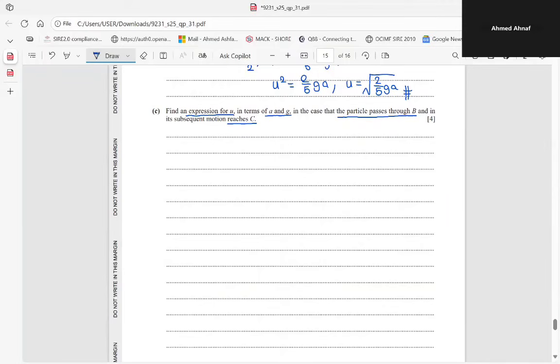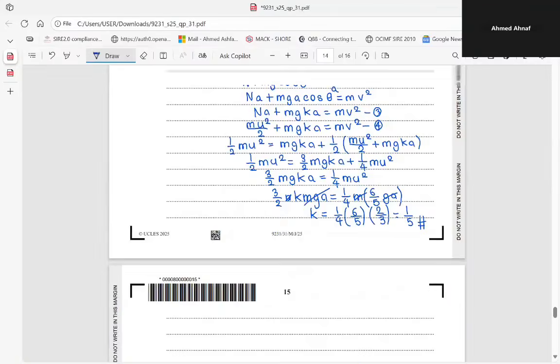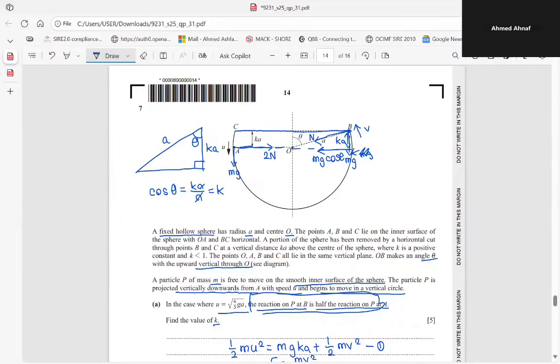Okay, so let's visualize the situation that they're describing here using our diagram. We're told that the particle should start from A, pass through B, go beyond B, and stop here. You have to understand that from B onwards, the particle would no longer be in contact with the sphere, and it will free fall fully under gravity.